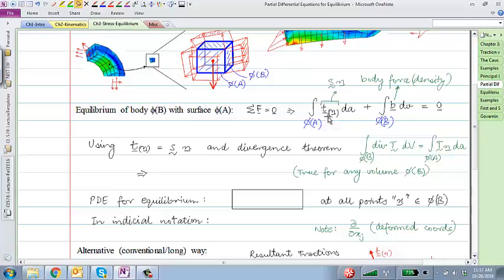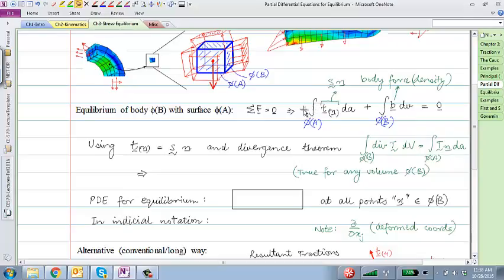But we have dealt with these types of integrals when we were talking about the divergence theorem back in chapter 1: some tensor acting on the normal, integrated over the surface area of a body, is equal to the divergence of the tensor integrated over the volume of the body. So this is directly from the divergence theorem.